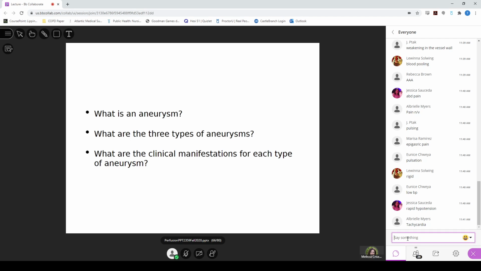And what are signs that this one's ruptured or dissected? Hypotension and shock, yes, because it's blood volume again. But what are some other signs of it? Where's the pain located?